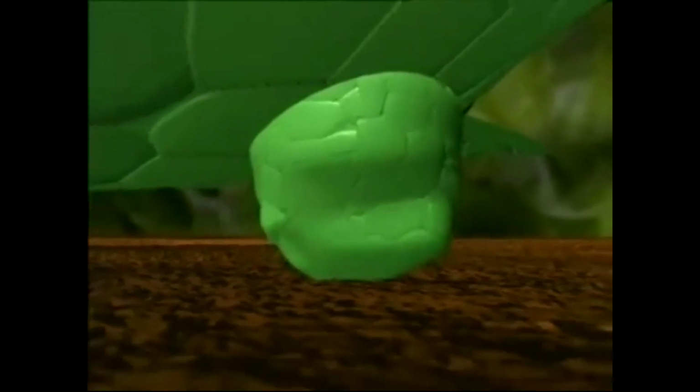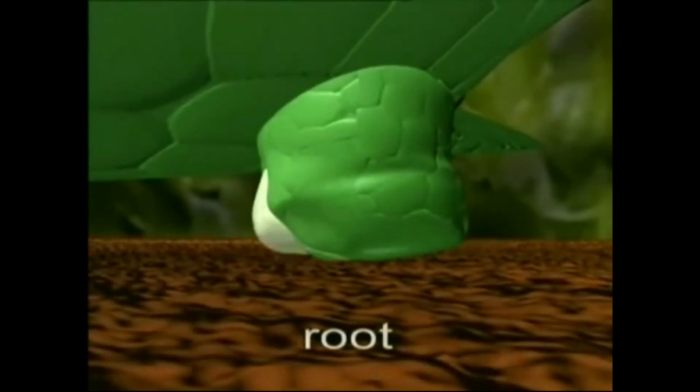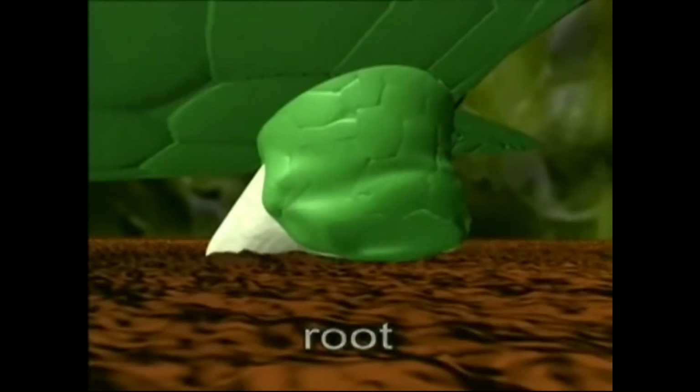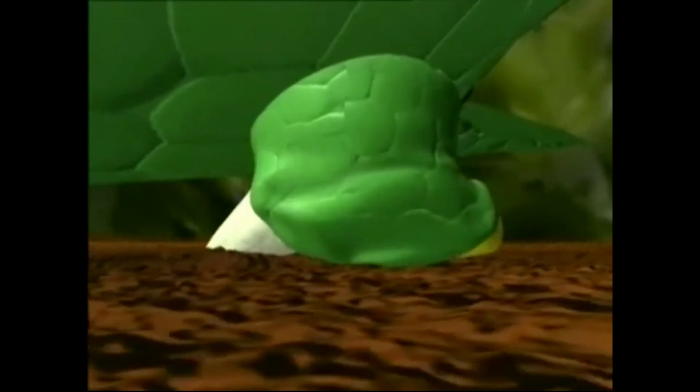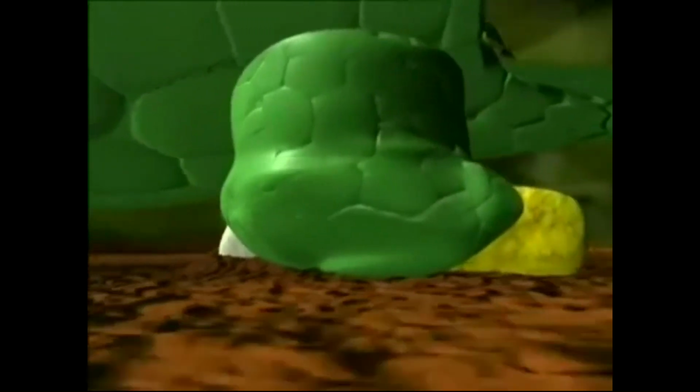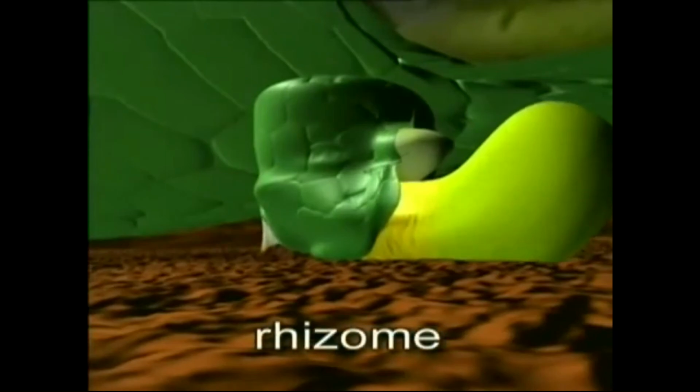As the embryo grows, the venter tissue stretches and eventually ruptures. A root now grows into the soil for support and to absorb water. Other parts of the embryo form the first leaf and the future stem, the rhizome.